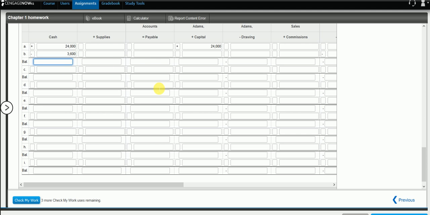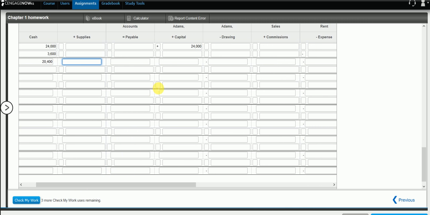So the balance in the cash account, we started with 24,000, and then we subtracted 3,600 in transaction B. So you take 24,000 and deduct 3,600 from it, and that leaves you with an account balance of $20,400.